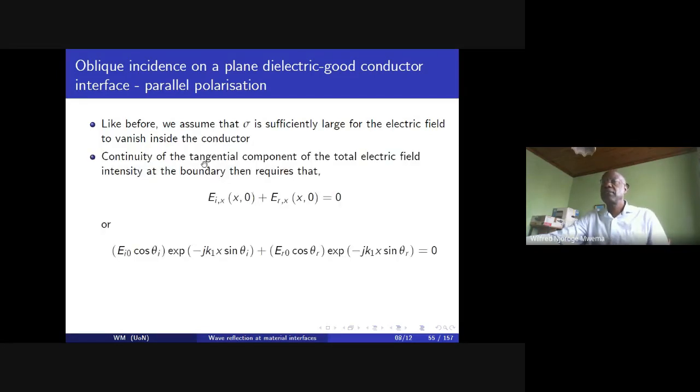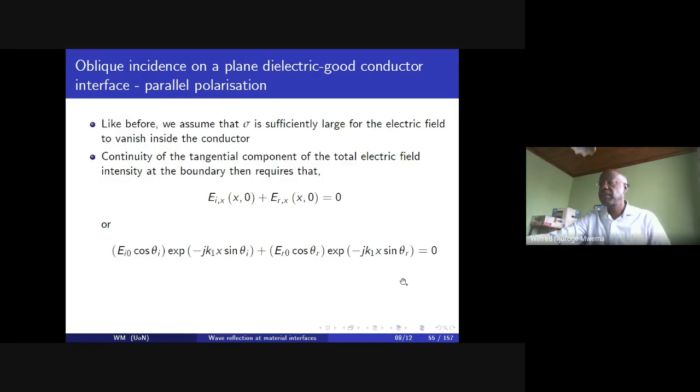So the continuity of the tangential component of the total electric field intensity at the boundary will then require that the x component of the incident electric field intensity and the reflected field intensity must go to 0. Because the x components of those fields are the ones which are parallel to the interface, when we do that, we can add them together and we see that the x component will have that kind of direction.